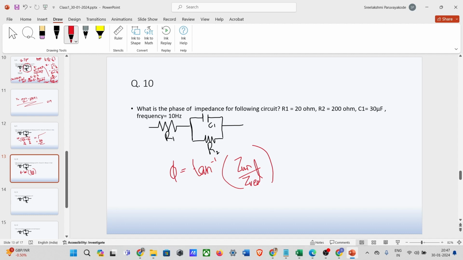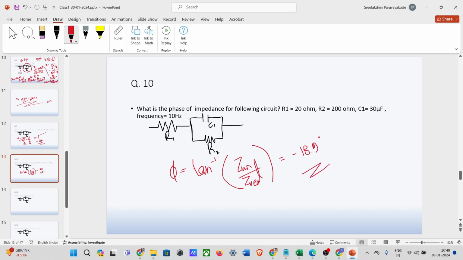Yes, ma'am. In degrees, it will be 18.9. Is it only 18.935? Something else you're missing? Minus, yes. Minus is important.